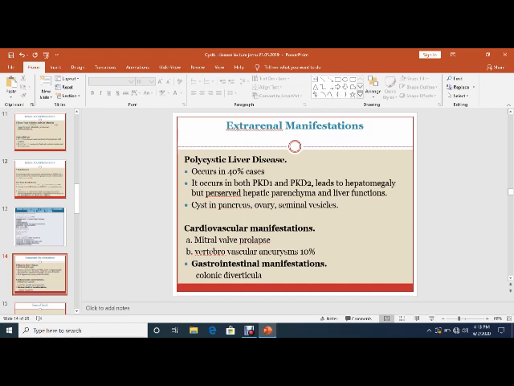Pancreatic cyst may occur, ovarian cyst may occur, cardiovascular manifestation, mitral valve prolapse, and vascular aneurysm or berry aneurysm in 10%. So these patients can present with a stroke or CVA, and colonic diverticula.